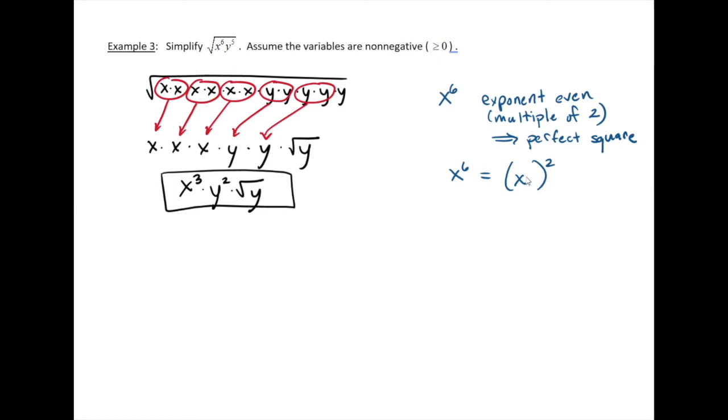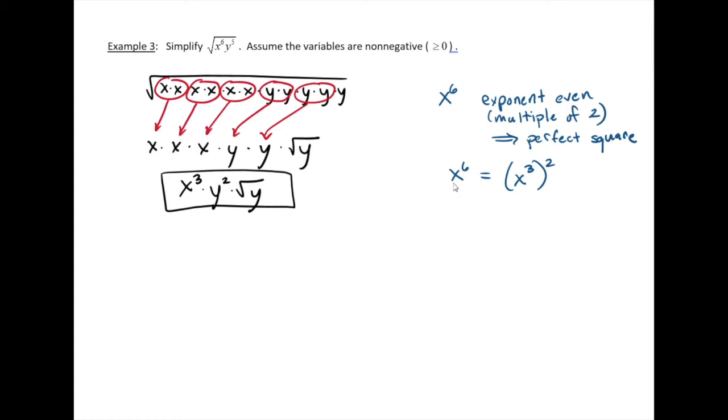So what exponent would we need here on the inside so that we get a product of that number times 2 equal to 6? That will have to be an exponent of 3 on the inside. X to the third power, all raised to the second power, is equal to x to the 3 times 2 power, or x to the 6th.